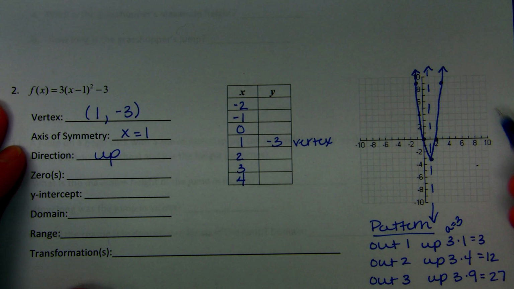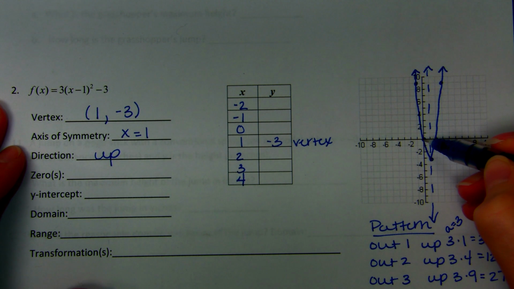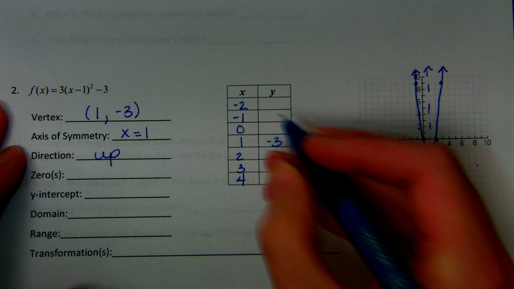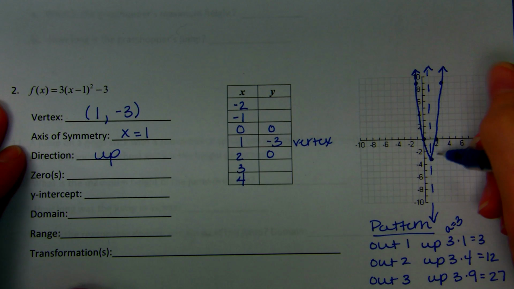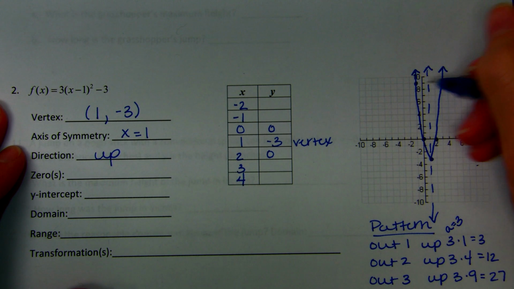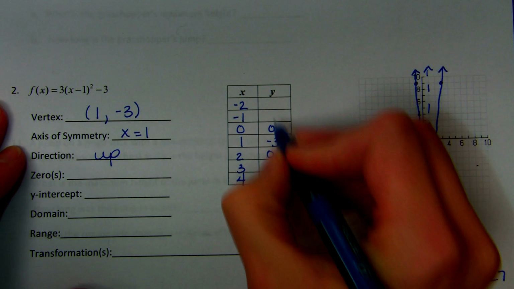All right. If I go out 1 and up 3 to get to these points, my point is at x equals 0, my point at x equals 2. I'm at y equals 0. And then the next set of points out to where I get to x equals 3 and x equals -1, and those y values are 9.